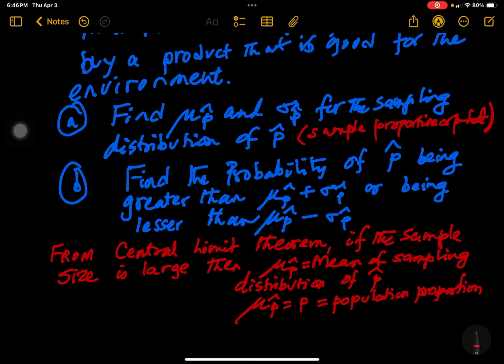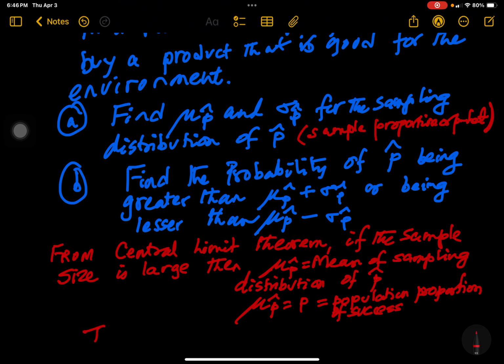What is success? Well, it will vary from problem to problem. Basically, it is the number of things that fall in a certain category.